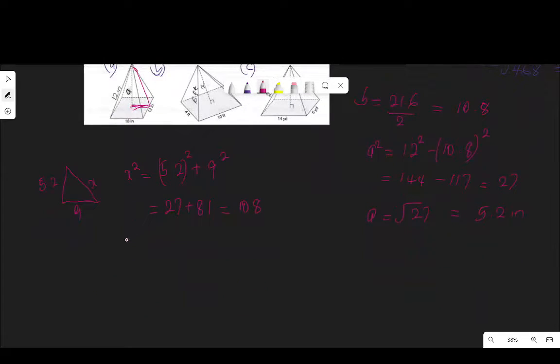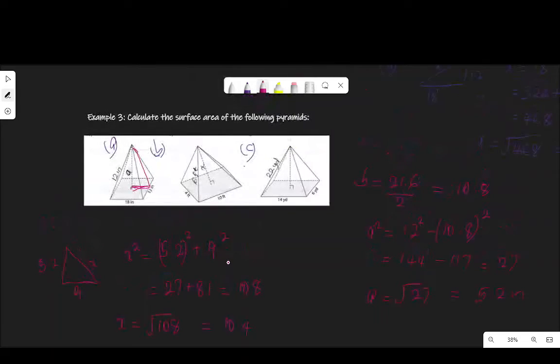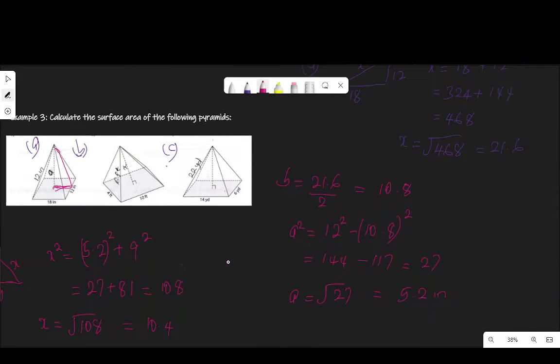X therefore will be the square root of 108, which is approximately 10.4. So the height of the left and right triangle is 10.4.